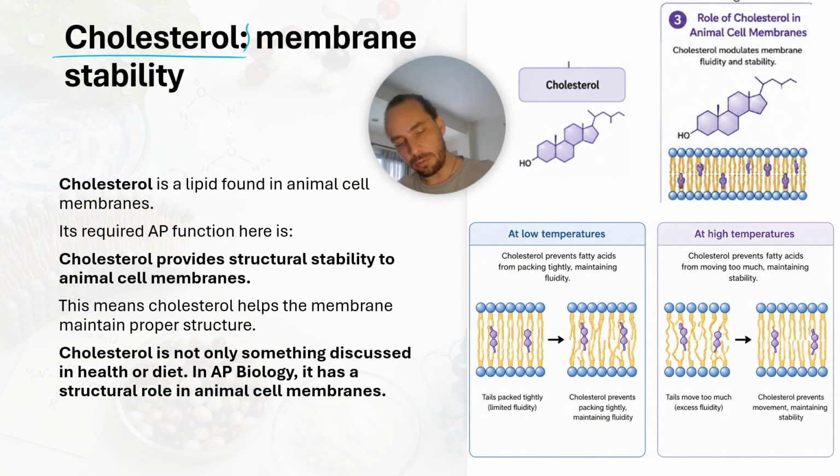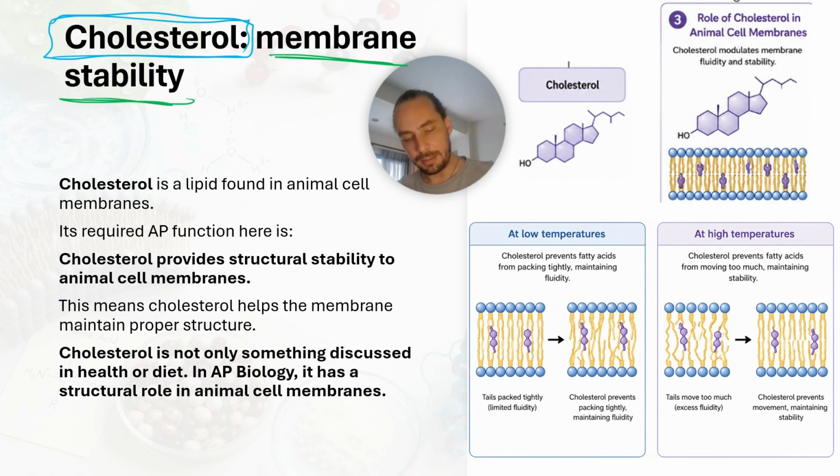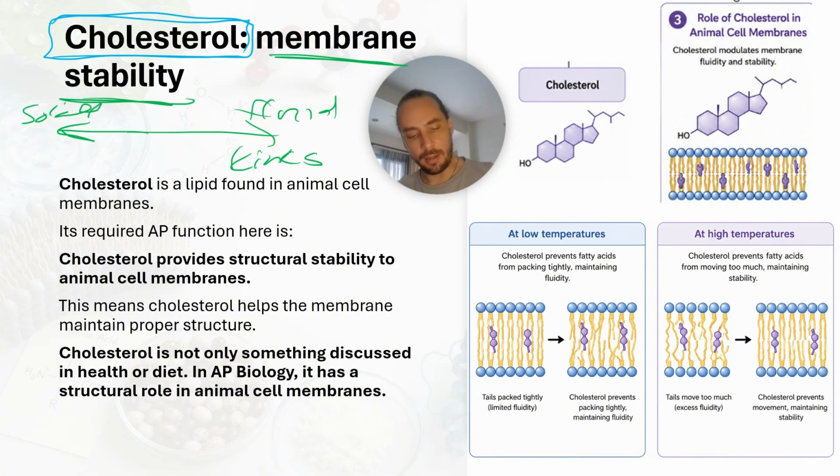Cholesterol. Now, cholesterol is very important for membrane stability. We've already learned that a membrane can become more fluid if it has more kinks, or if it's more unsaturated, and if it's saturated, it's more solid. Okay, because it's just straight tails that can pack on top of each other, and these ones have kinks, so they can't pack as closely.